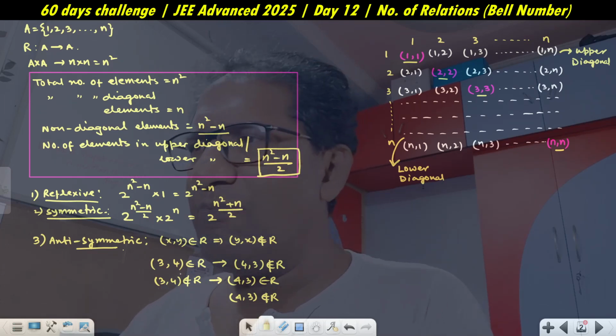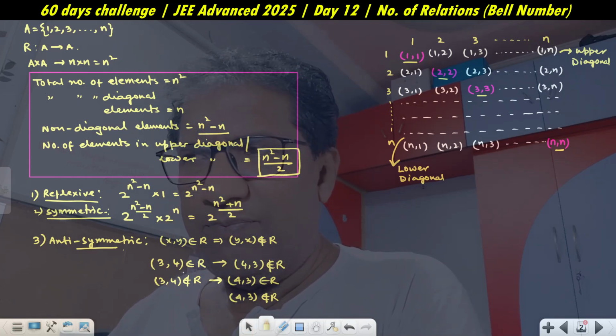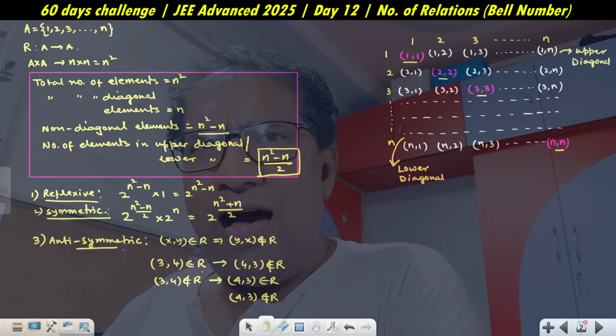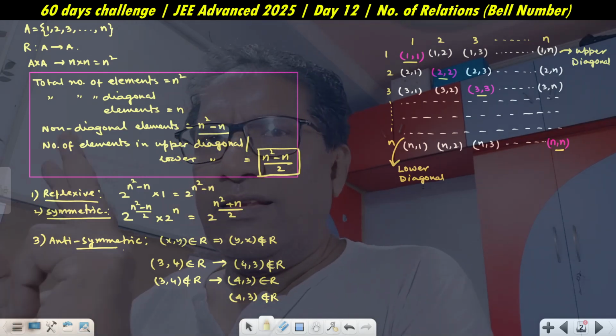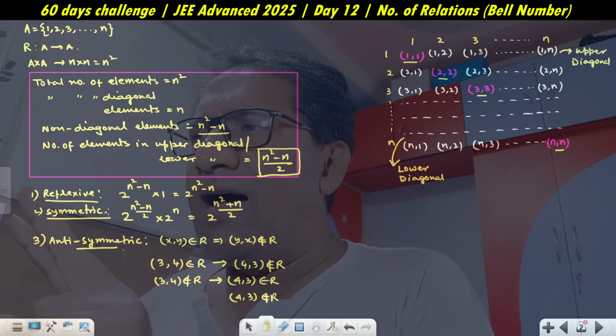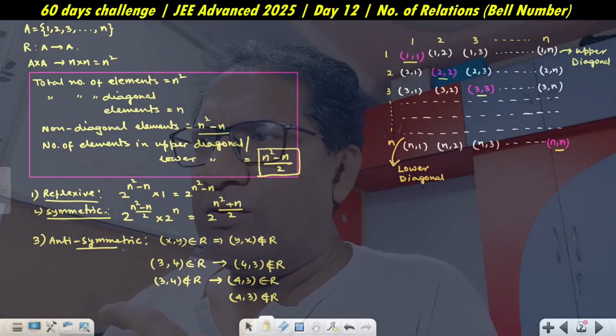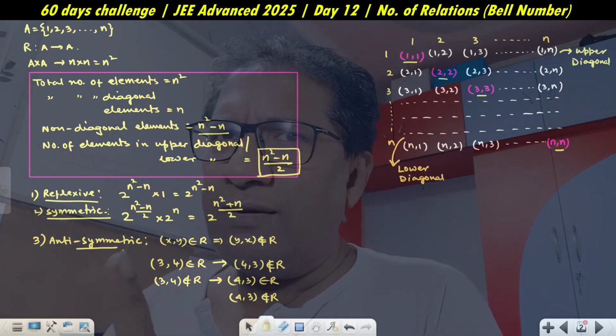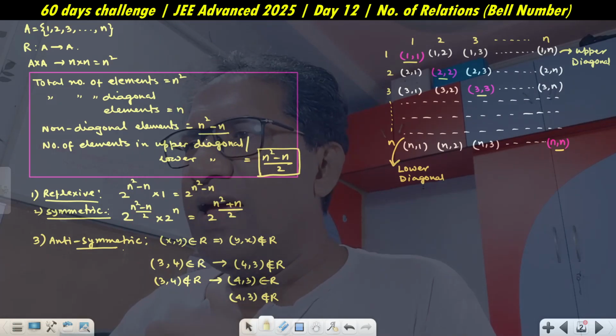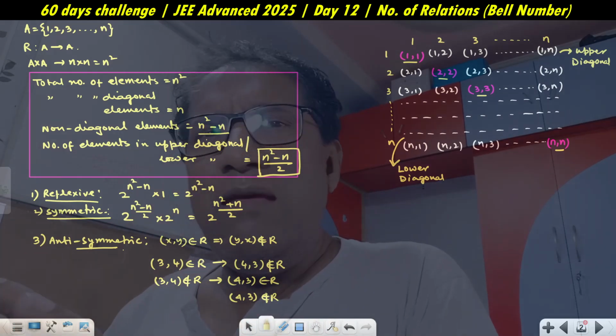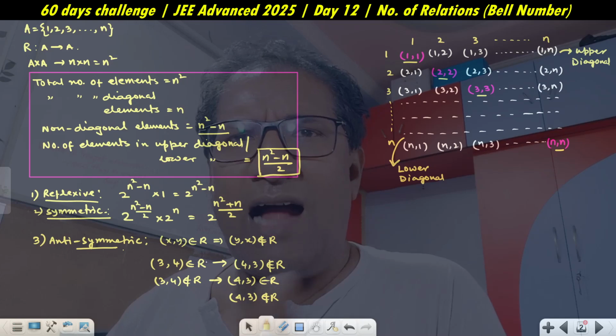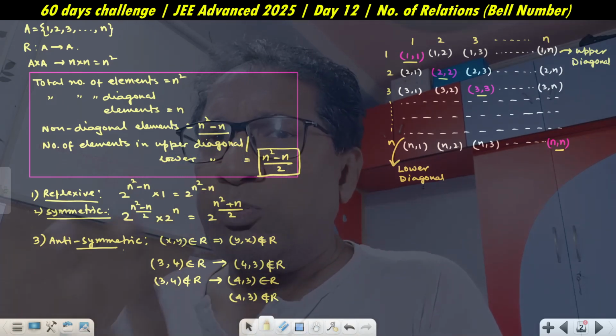What are those? That element is present in R, which ensures the opposite element is not present in R. This is one condition. Another is that the element does not present in R, which implies the corresponding element.